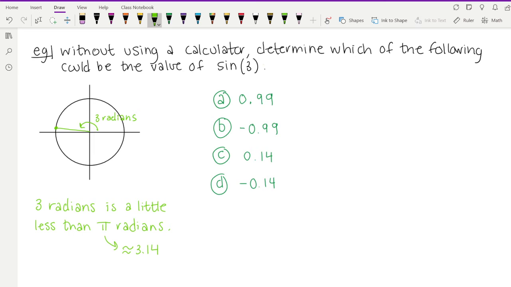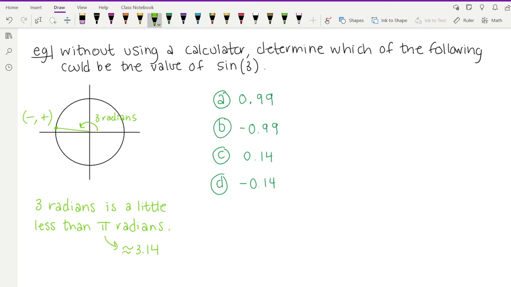Looking at our terminal point, we don't know exactly what the coordinates are, and we shouldn't try to figure out exactly, but we can figure out roughly what's going on. One thing we can tell is that the terminal point has a negative x coordinate and a positive y coordinate, because it lies in the second quadrant.